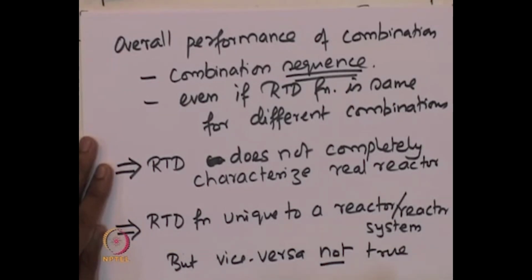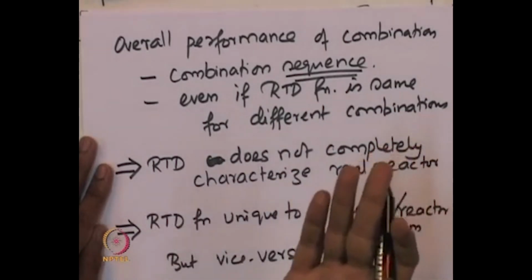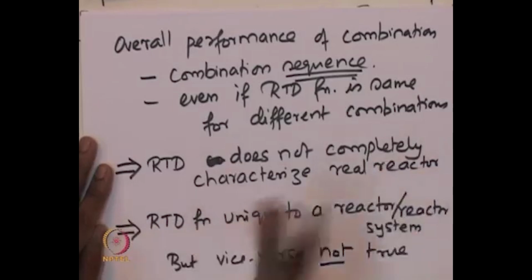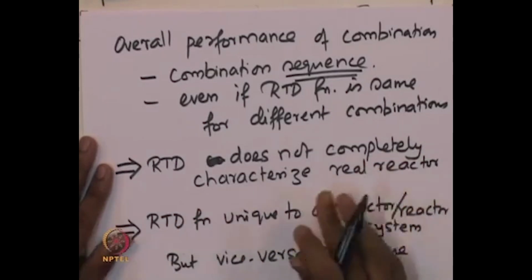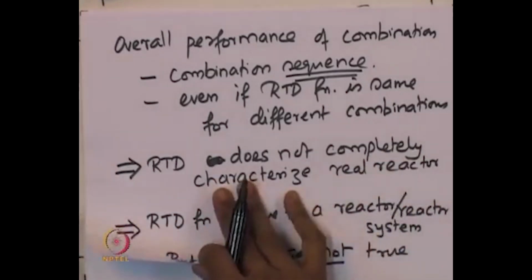That means that the reactor/reactor system is not unique to a given RTD, whereas an RTD can be unique to a given reactor/reactor system. And what we demonstrated just now is that depending upon the combination in which it is placed, the overall performance could be different, but both combinations have exactly the same RTD function.